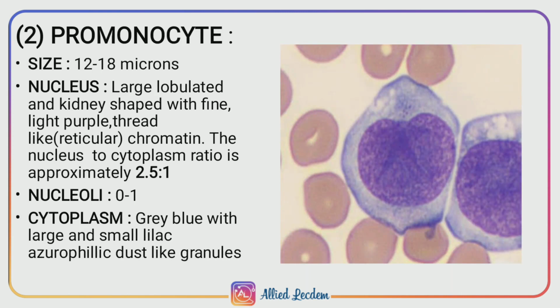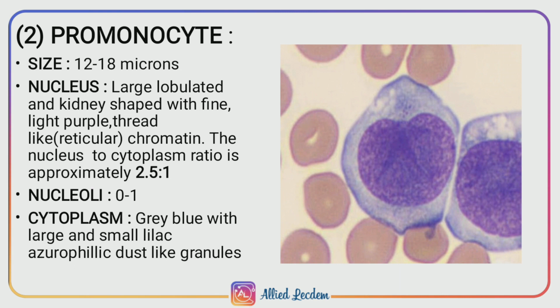Promonocyte. It is the intermediate stage between monoblast and matured monocyte. The size ranges from 12 to 18 microns, and as in blood picture, the nucleus is large lobulated, that is, it has many lobes and kidney shaped with fine light purple thread-like chromatin.